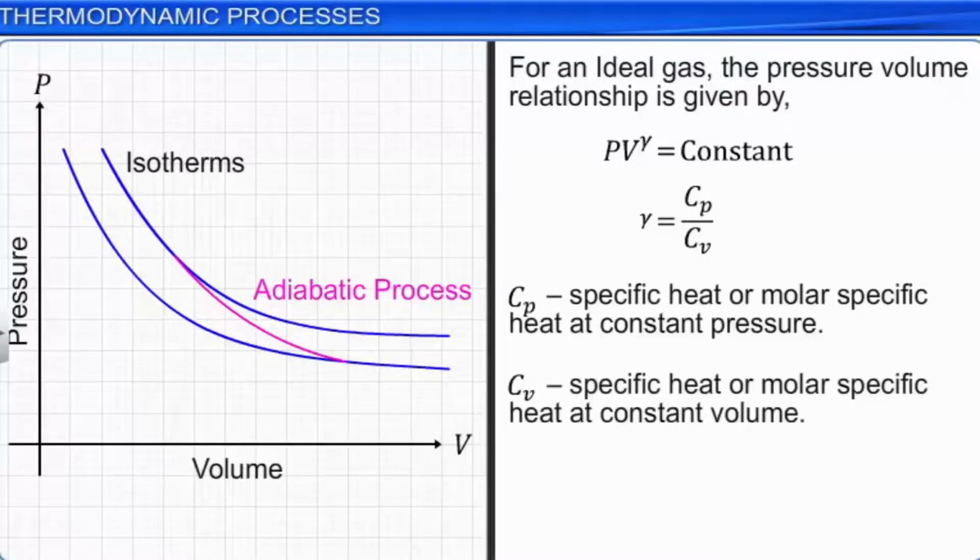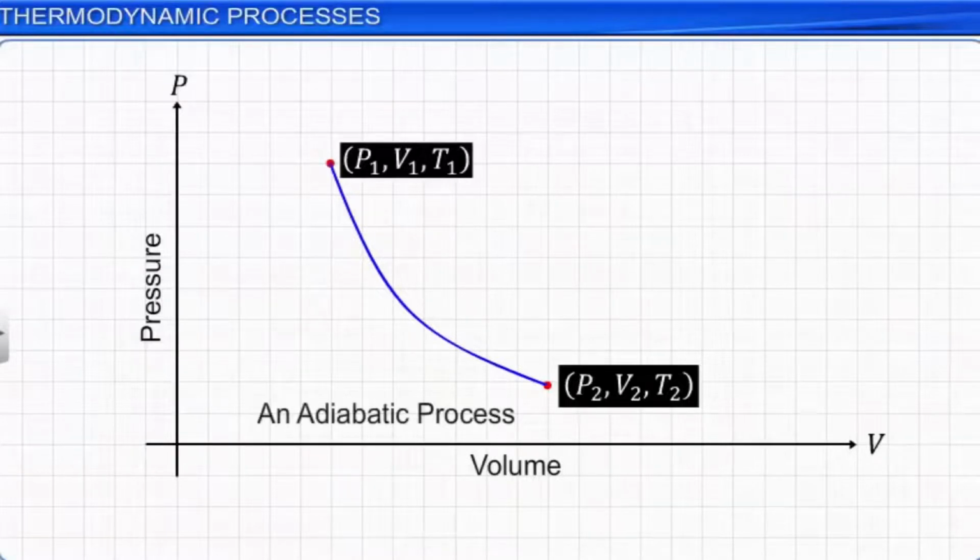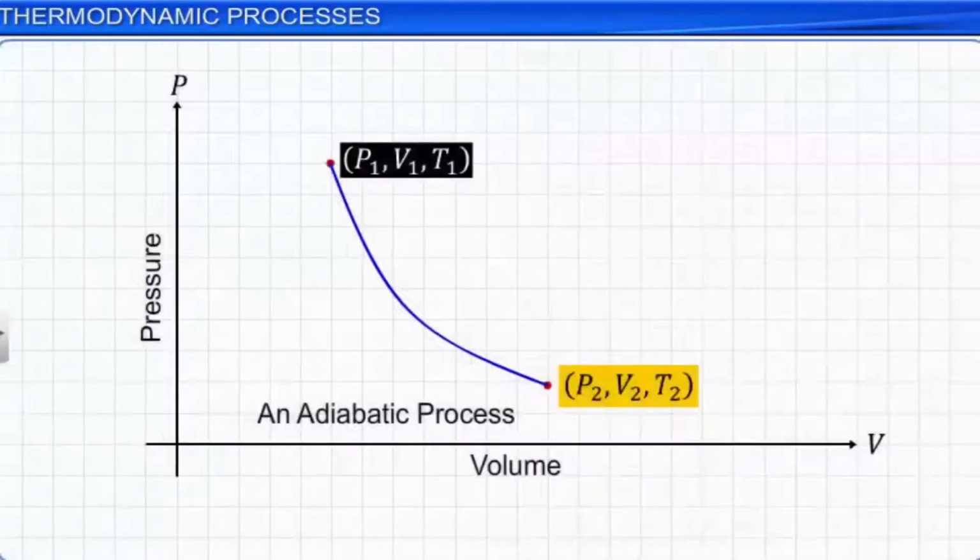Let us find an expression for the work done by an ideal gas in an adiabatic process that takes it from an initial state P1 V1 T1 to a final state P2 V2 T2. The general expression for the work done is W is equal to integral V1 to V2 P dV.